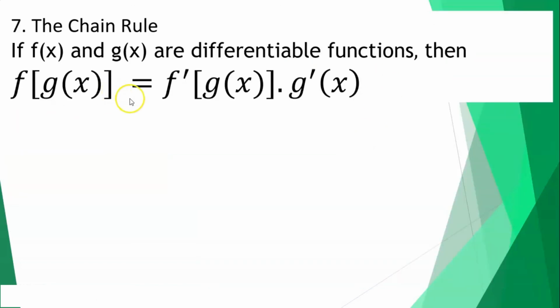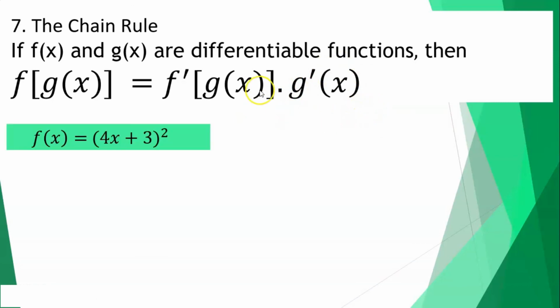Okay, chain rule. So when to use the chain rule. If you're given f(x) and g(x), and they're both differentiable functions, then the derivative of f(g(x)) is equal to the derivative of f at g(x) times the derivative of g(x). So how is it done?